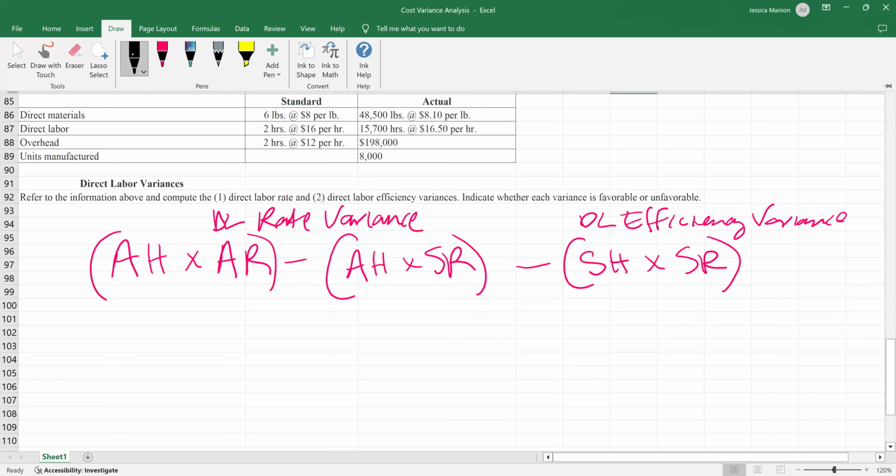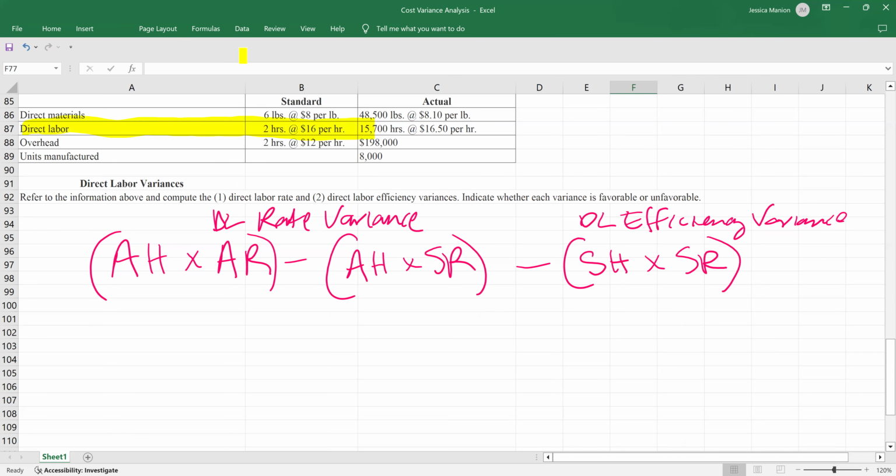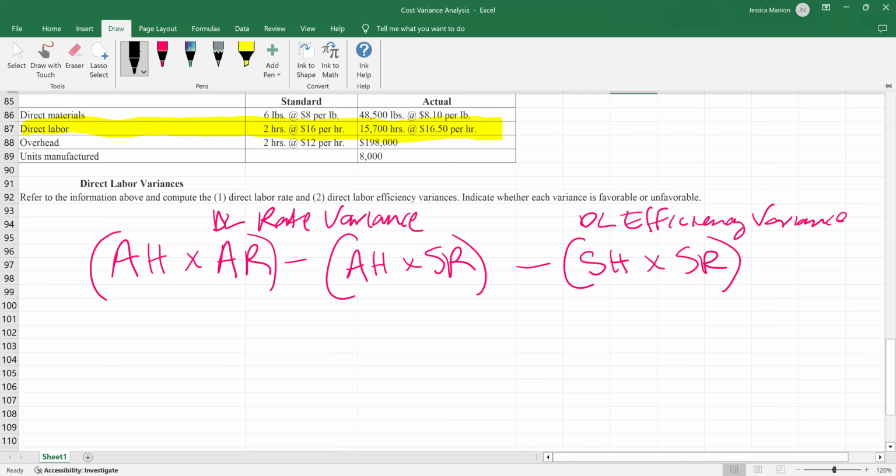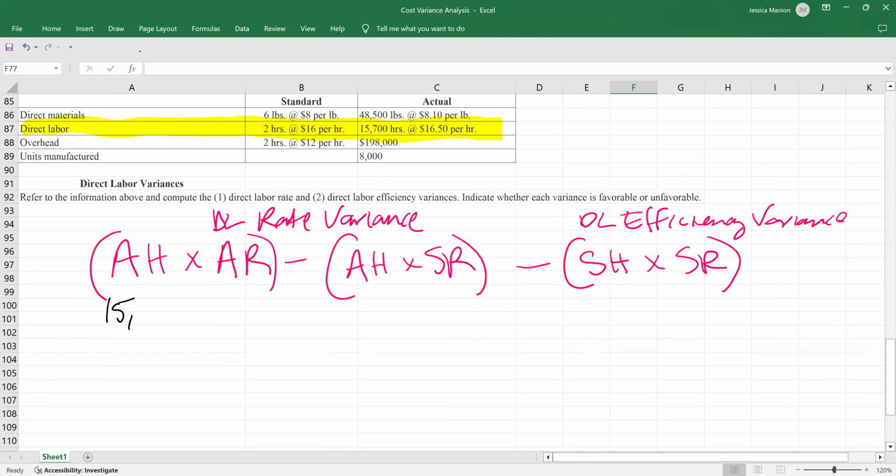So actual hours, and now we're on this direct labor line, right? So actual hours, 15,700 times actual rate, 16.50. Okay. Actual hours, 15,700 times standard rate, 16.